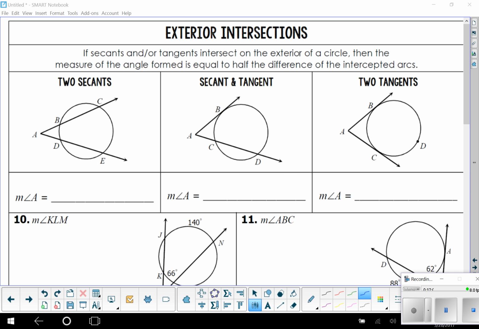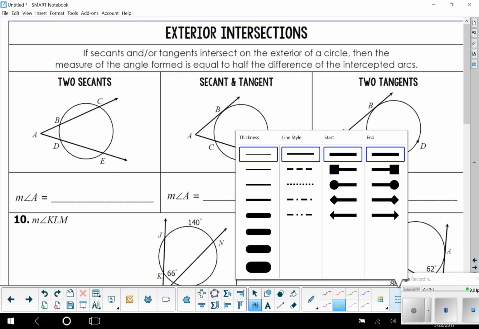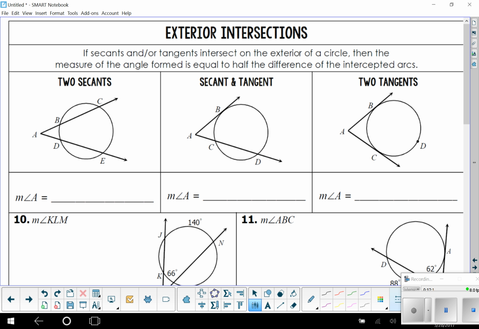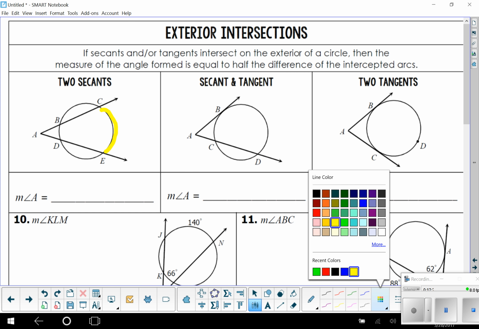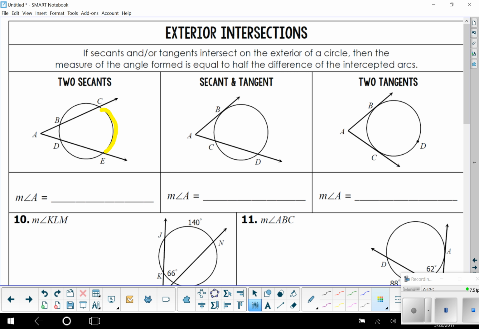These formulas are important. Remember I told you in the beginning that we wanted to do the bigger first and then the smaller. Okay, so for this one, this is where it matters. So arc CE is your bigger, and your arc BD is your smaller.